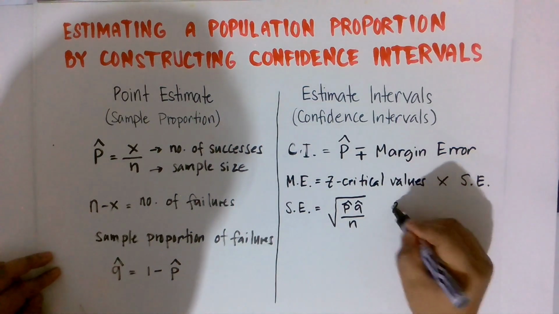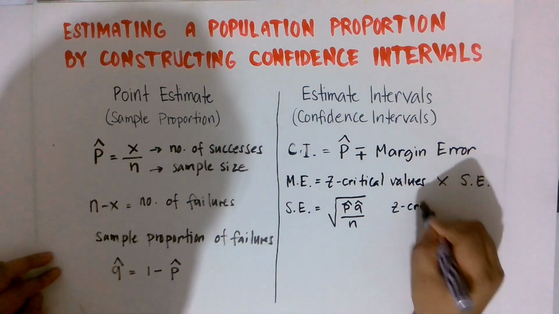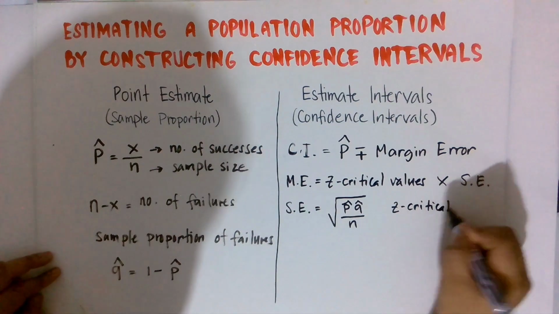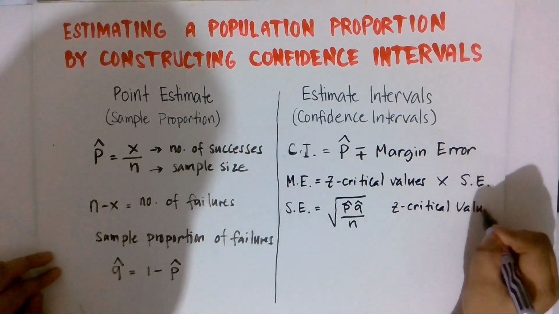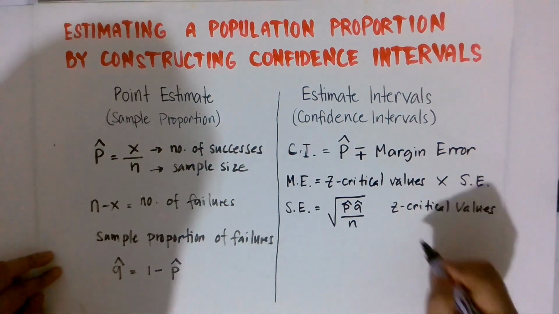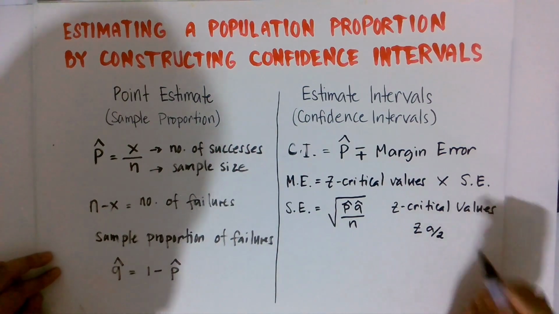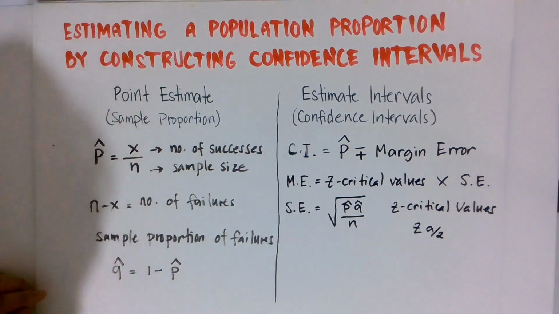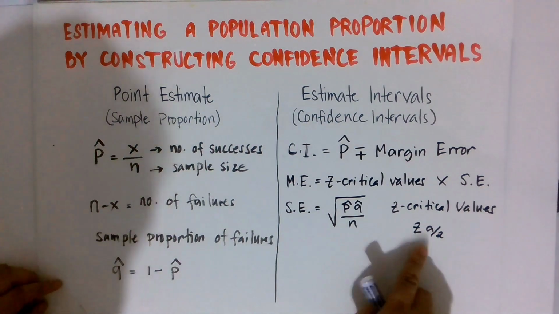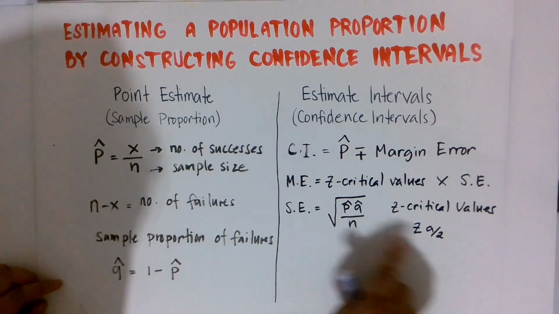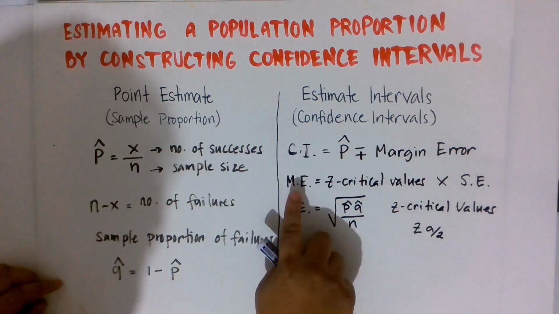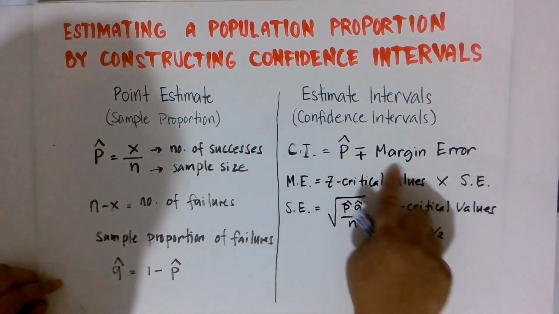Now, for the Z critical values, actually the critical values is the values that separates from region area to tail region, and the formula of this is Z sub A over 2 or Z sub alpha over 2. Yan, we will just multiply them, the critical values and standard error, to get the margin error.